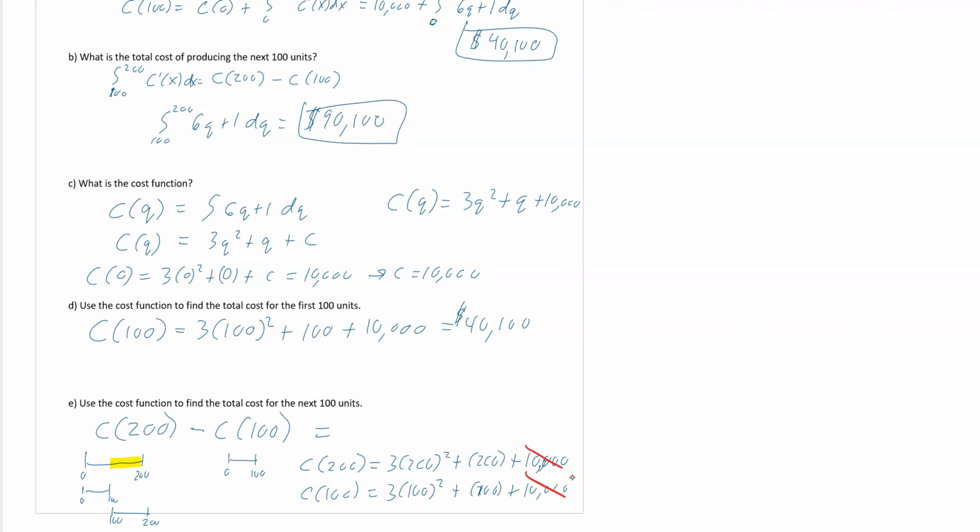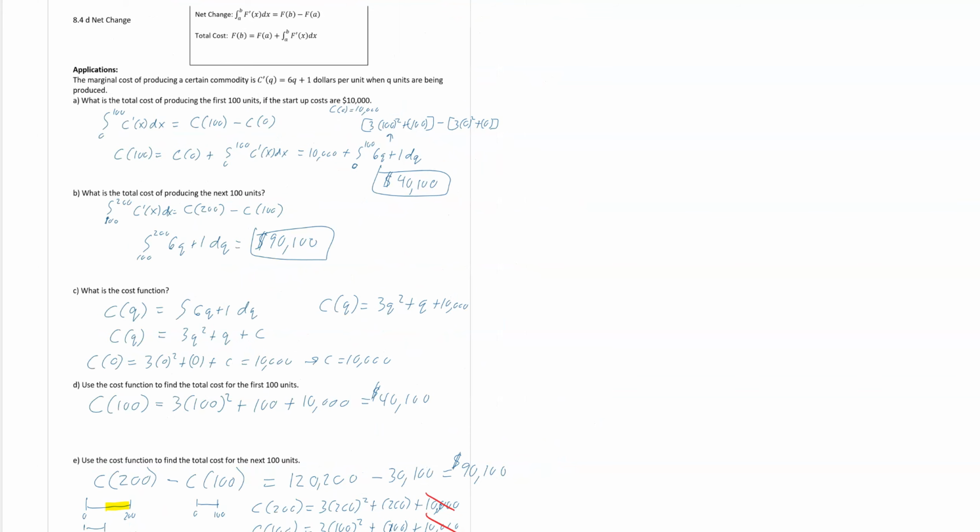The 10,000. So we don't have to include it when we do the total cost. So we could just plug C of 200 into our calculator, and it would give us 120,200. And then if we plug C of 100 in our calculator, it gives us 30,100. And then subtracting them, we end up with 90,100, just like we did above.